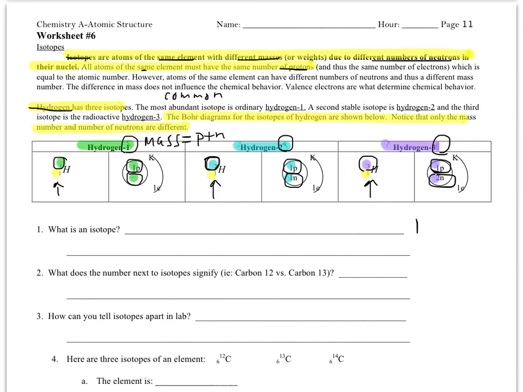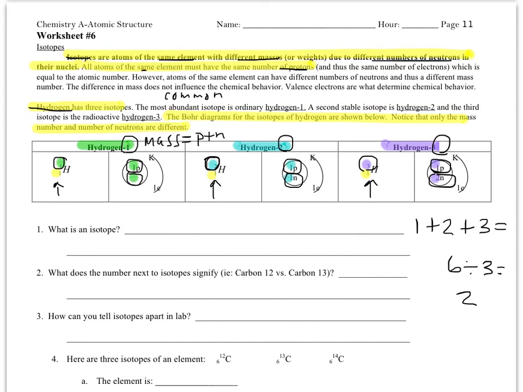You guys remember learning this in math class. So I'm going to add those all together. That gives me 6. And then because there's 3 of them, hydrogen 1, hydrogen 2, hydrogen 3, I'm going to divide by 3, and that's going to give me a mass of 2.